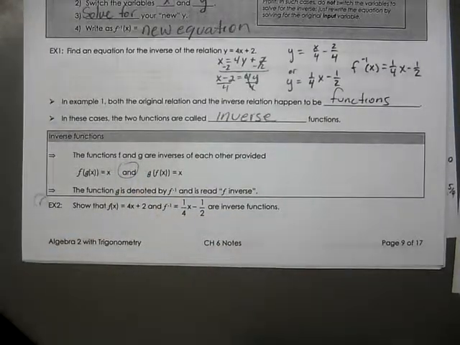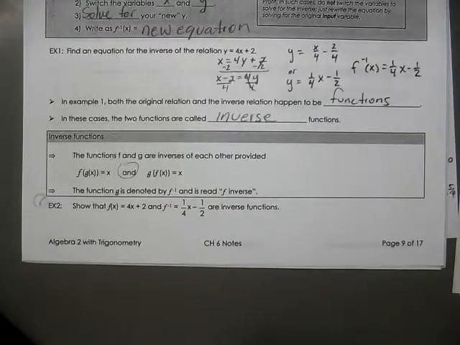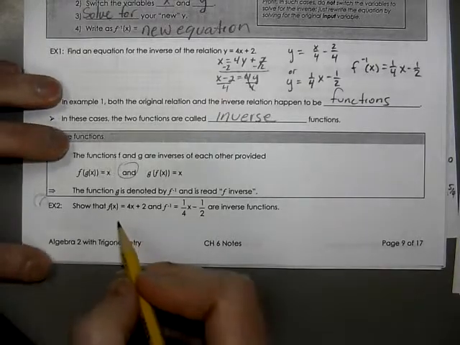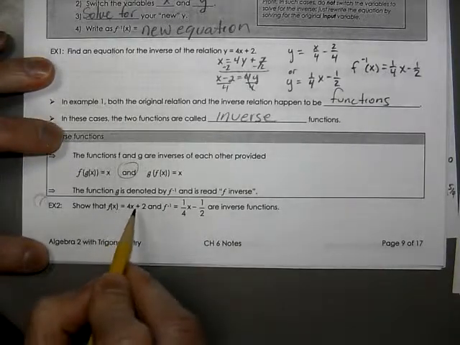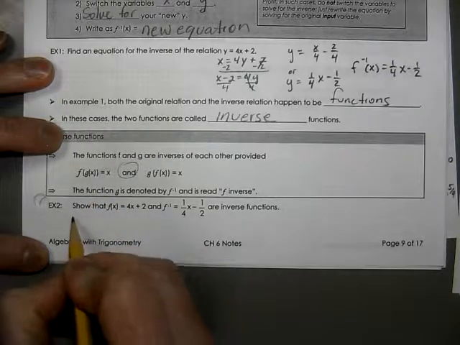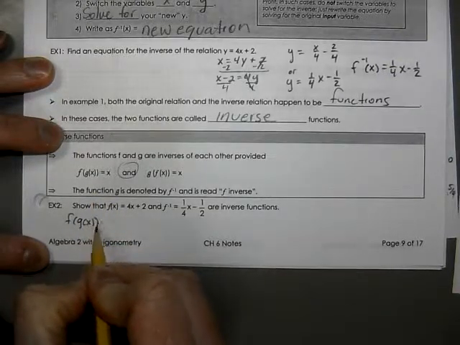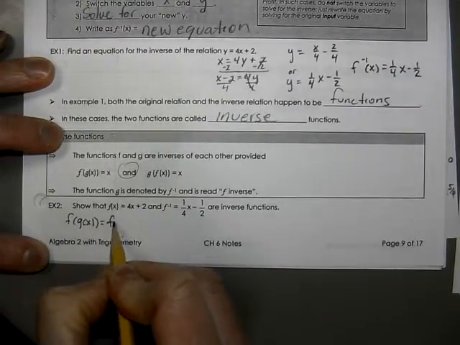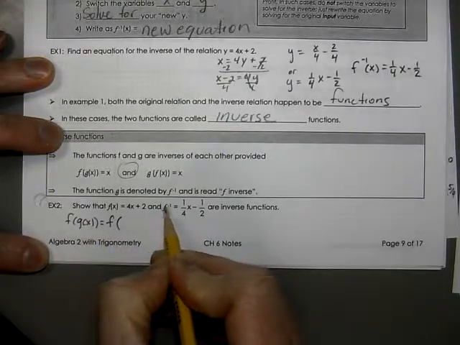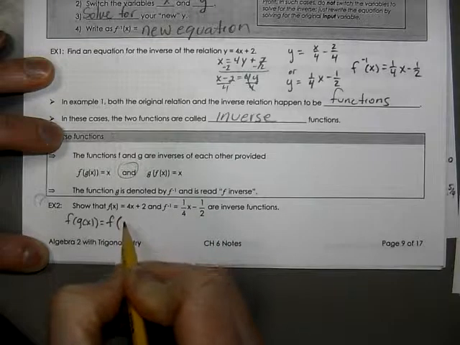Very important that you do both. Most of our equations will be, if it works for one, it's obviously going to work for the other, but you got to show both. So you notice here when we do f of g of x, that means to take your f function and plug your g, which is our f inverse, into that.